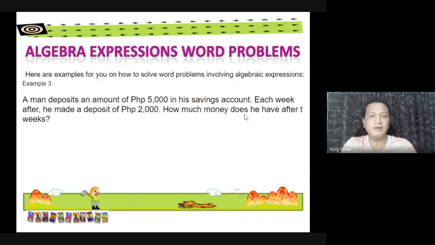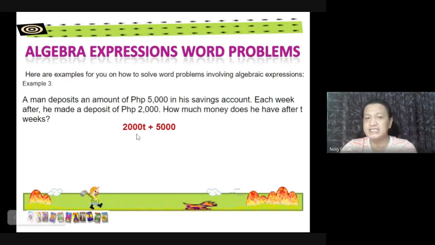Okay, so we have another, number 3 problem. A man deposits an amount of 5,000 pesos in his savings account. Each week after, he makes a deposit of 2,000 pesos. The question here is how much money does he have after 3 weeks?